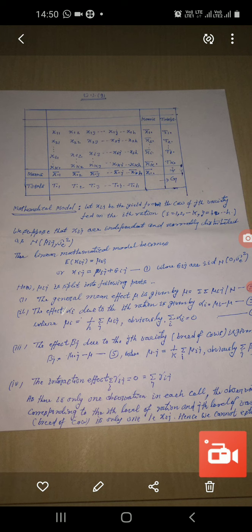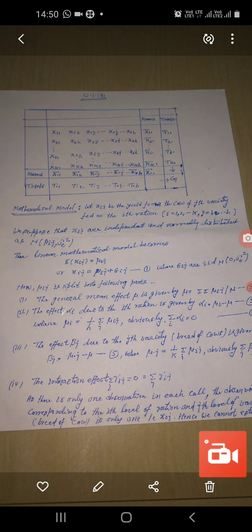So we see that the row-wise means are x1 dot bar, x2 dot bar, x3 dot bar, up to xk dot bar, and the totals are t1 dot, t2 dot, ti dot and tk dot.